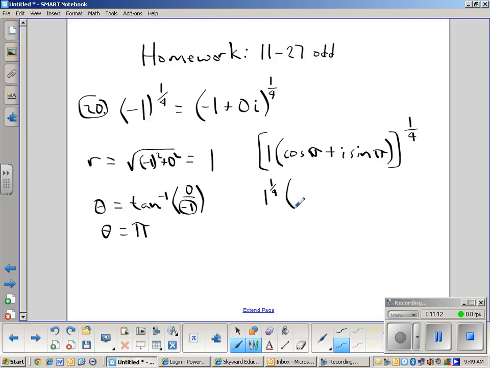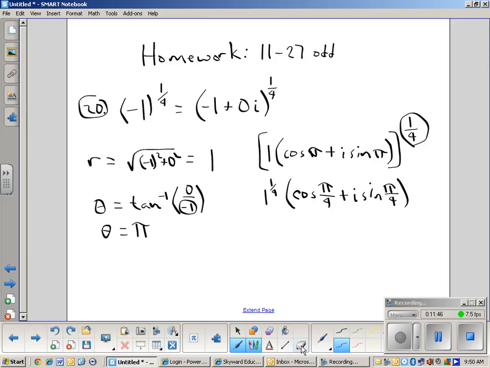It's 1 to the 1/4, and we all know that's 1, but r isn't always 1, so we have to carry that through. Now we multiply our angle by that power. What's pi times 1/4? Pi over 4. So this becomes cosine of pi over 4 plus i sine of pi over 4.